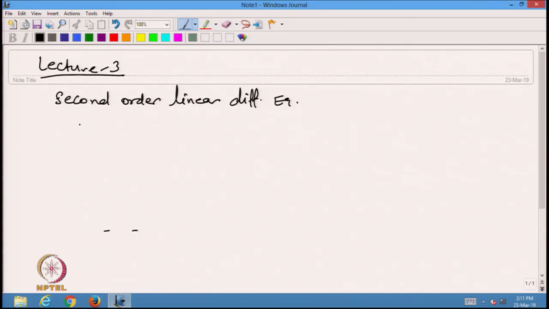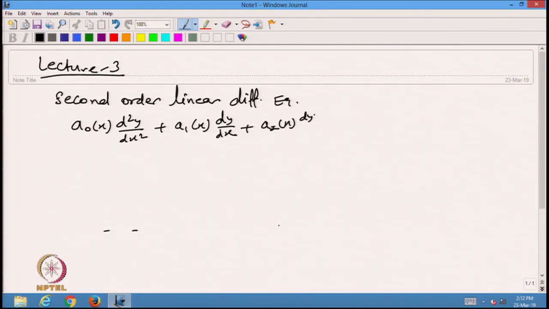I write the linear differential equation as d square y over dx square plus a1(x) dy by dx plus a2(x) y(x) is equal to 0. So here I am talking about the homogeneous form.